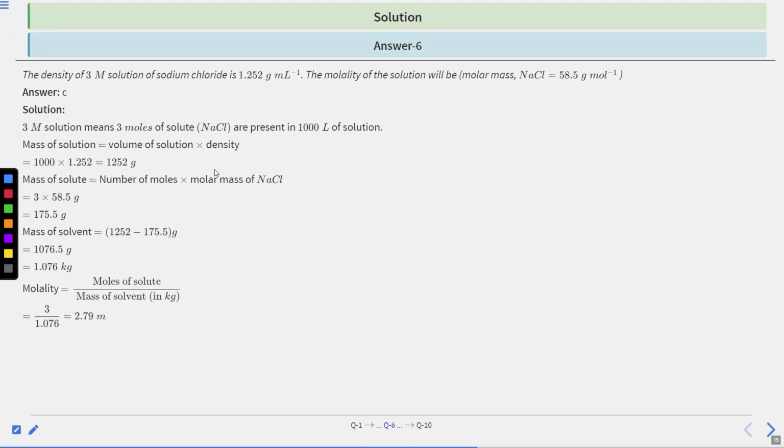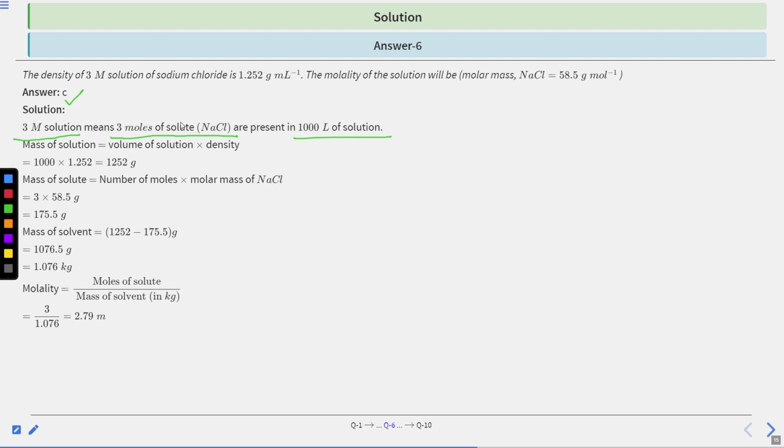Okay, so the correct answer is option C. So we have given 3 molar solution. That means 3 moles of solute NaCl are present in 1000 milliliter of solution, right? As the density is given in milliliter.